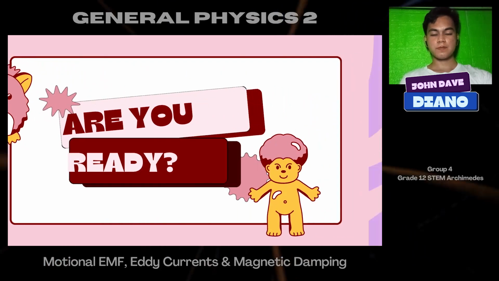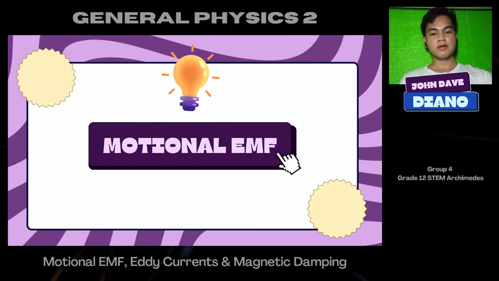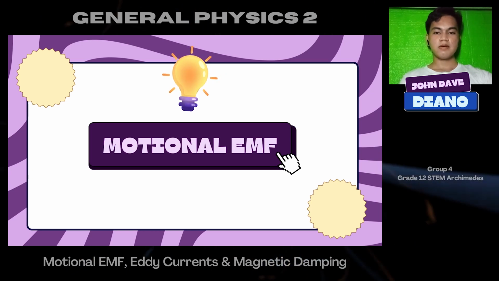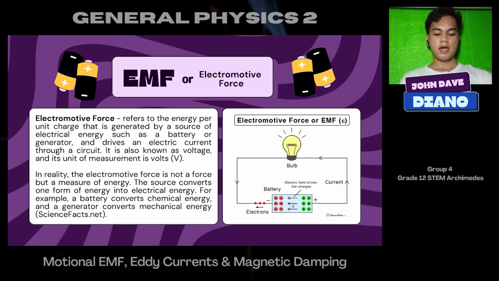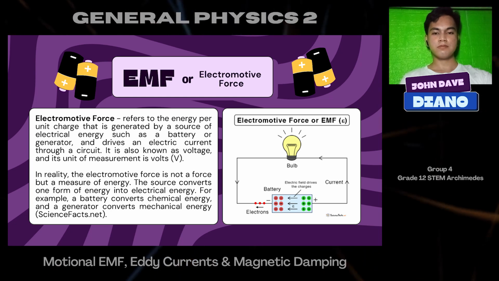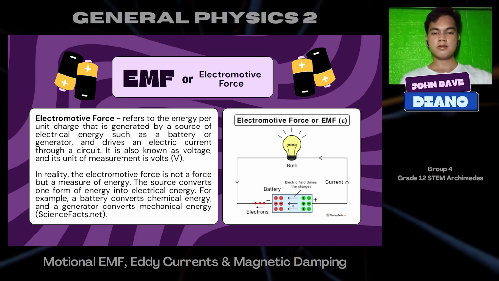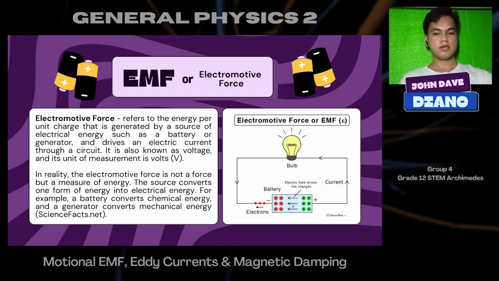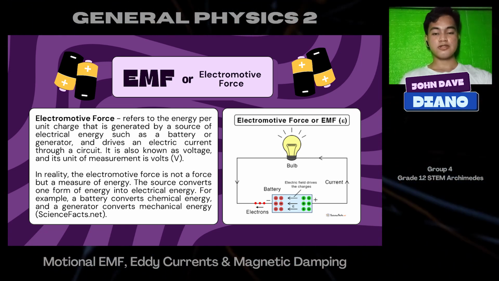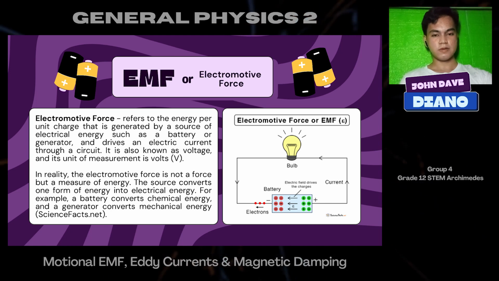Let us start. Before we go to what EMF is, we should know first what EMF stands for. According to sciencefacts.net, EMF stands for electromotive force, and it is defined as the energy per unit charge that is generated by a source of electrical energy, such as a battery or a generator.